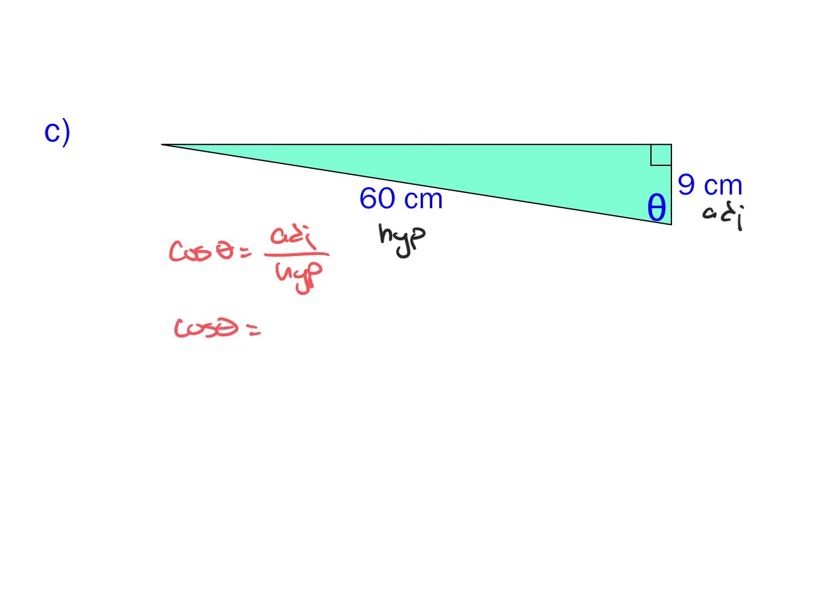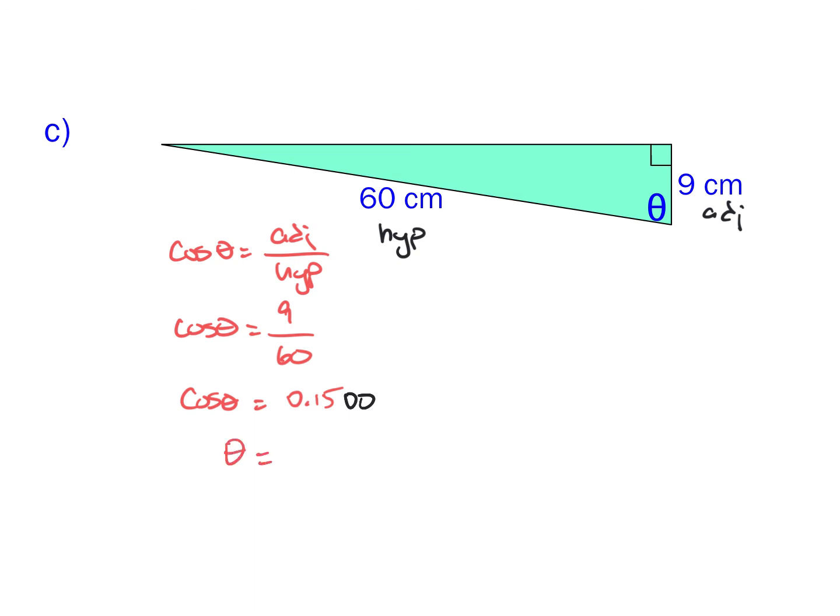The adjacent is 9, the hypotenuse is 60. When you divide those, you'll get a terminating decimal, and you may add a couple zeros onto it, but quite frankly, we're only adding those zeros to train ourselves to write these to 4 decimal places. It's not needed. It won't impact your answer if you just write it as 0.15.